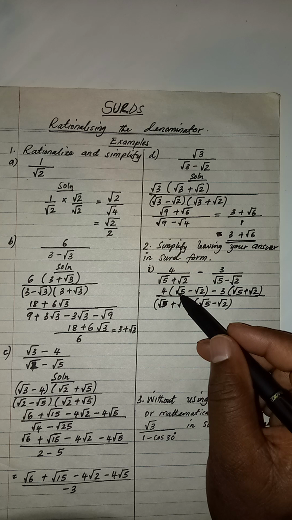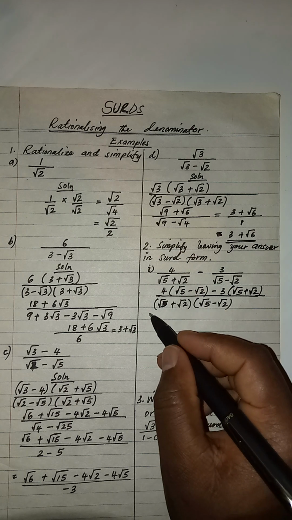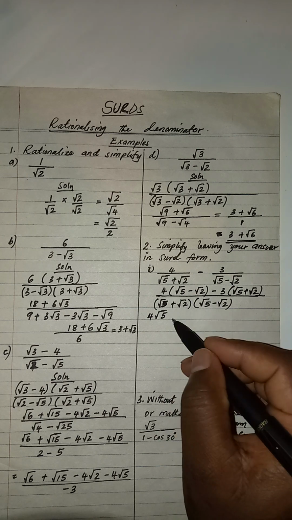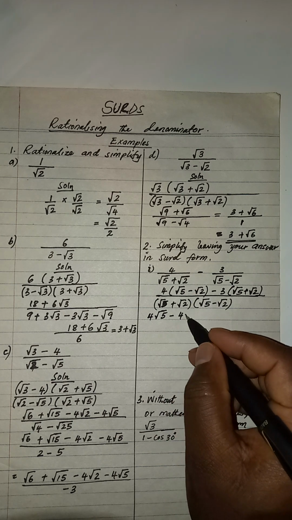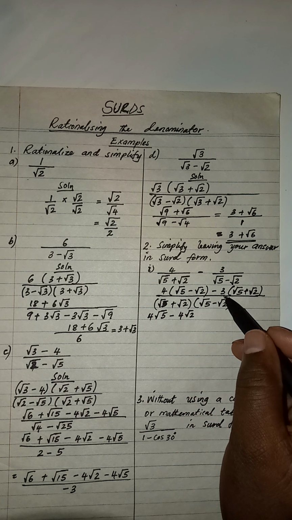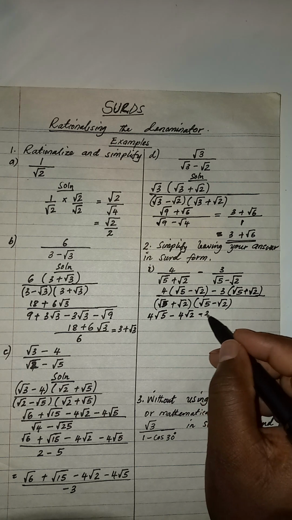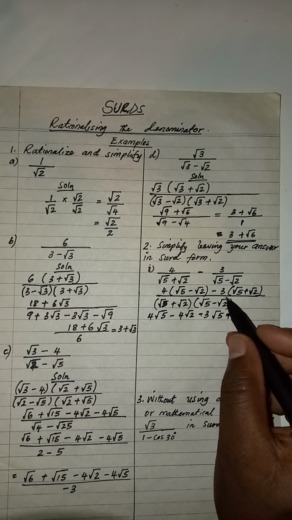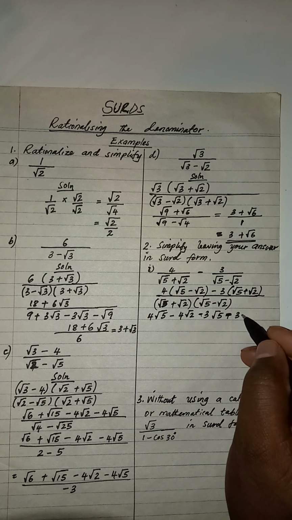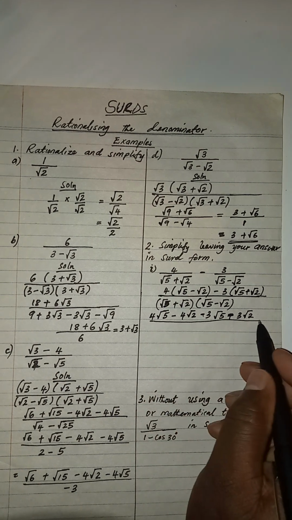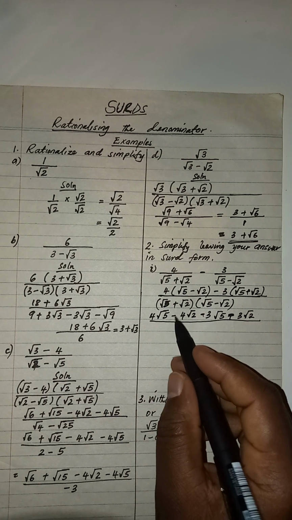So opening brackets on the numerator, this will give us 4 root 5, 4 times that to give us 4 root 2, this negative 3 times root 5, negative 3 root 5, plus negative 3 times that, negative 3 root 2, all over 5 times 5, that gives us 25.